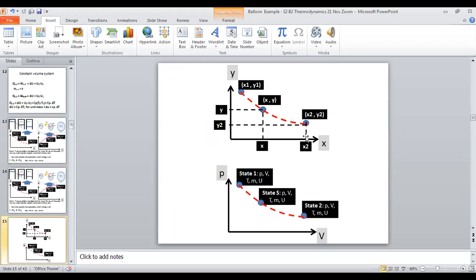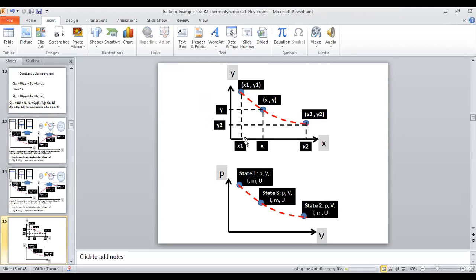Same way, you can think of the beginning, the starting point, that is x1. This is your projection.